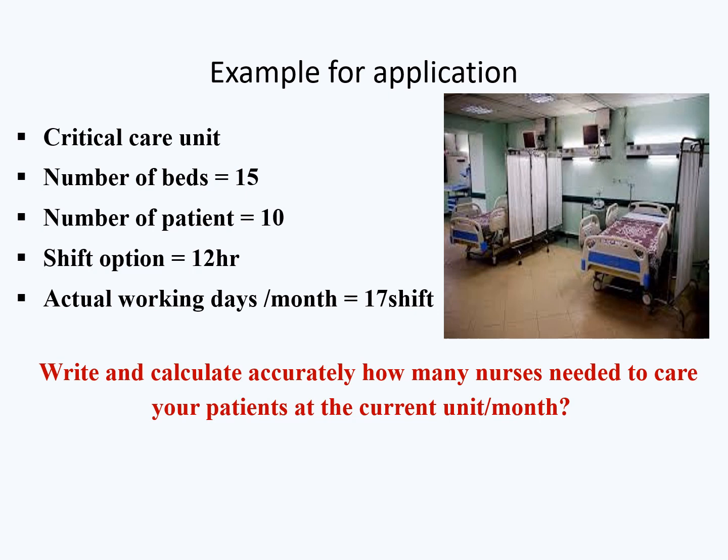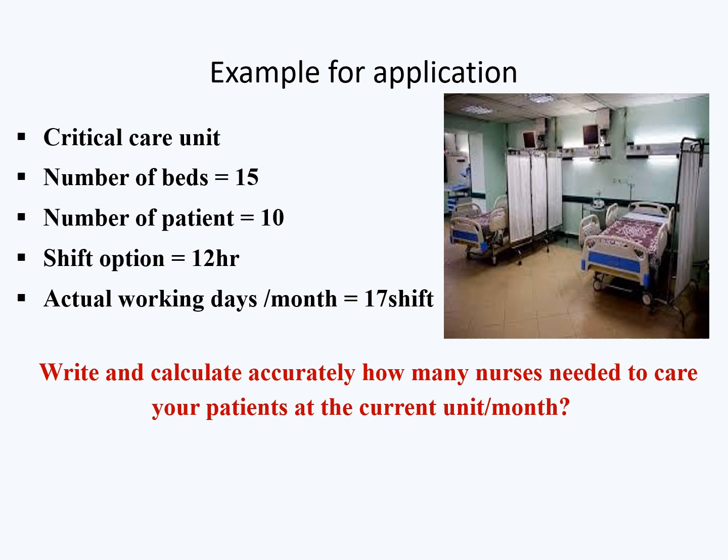And now we are going to take an example for application. Our example is a critical care unit, number of beds 15, number of patients 10, shift option 12 hours. Some hospitals take the 12-hour shift option, a long shift and a night shift, and other hospitals take the 3-shift option, morning, afternoon, or night.